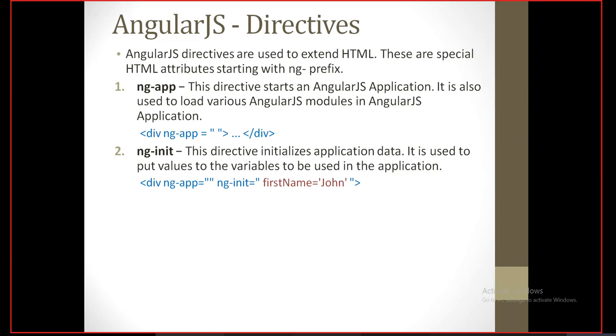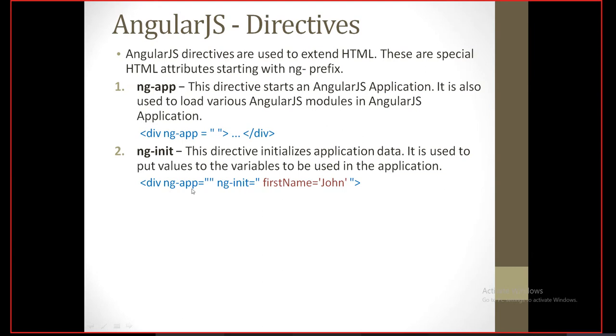ng-init is another one. We use ng-init to initialize the application data. Suppose we had the name field in the last example that we saw, but we didn't have any default value for the name field. In order to define that default value, we can use the ng-init attribute.